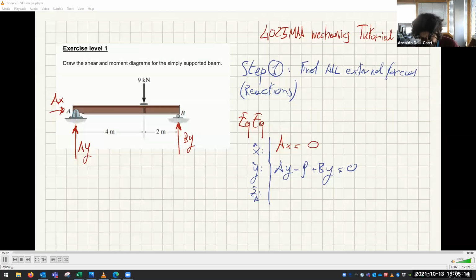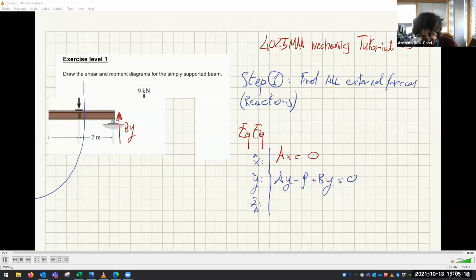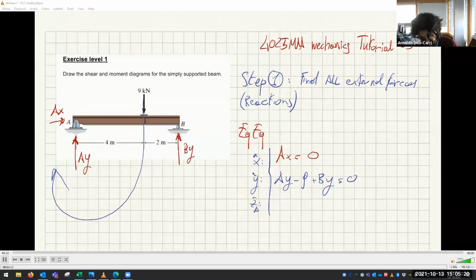And for the moments, we have that this one is rotating clockwise and this is rotating counterclockwise. So what we have is that it's positive BY times 6. So we have 6 BY minus 9 times 4 equal to 0.